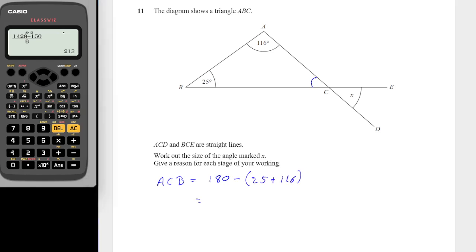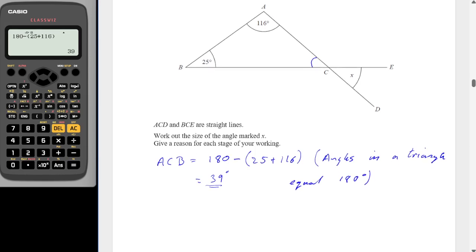So I tend to, for any of these reasons, show my working and then I explain my working. So 116, that equals 39 degrees. And my reason for that is that angles in a triangle add up to 180 degrees.